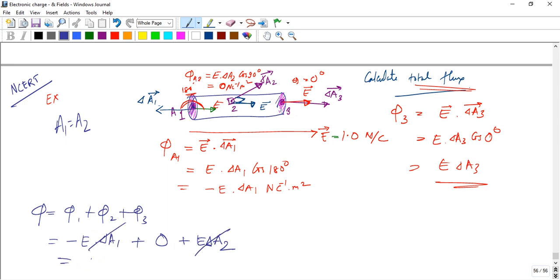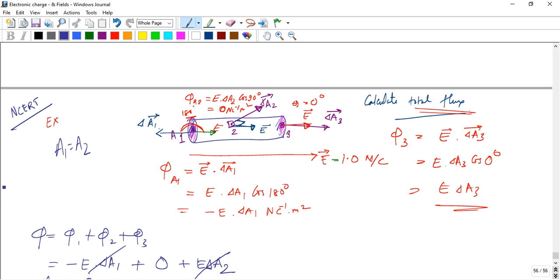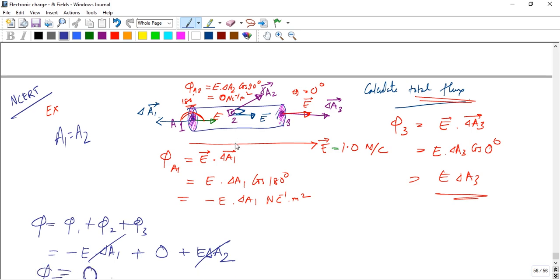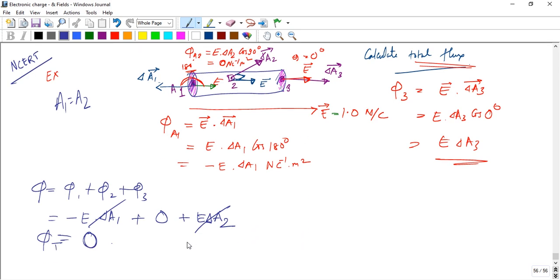The total flux is 0. Total flux 0 signifies that this closed surface does not bound any charge. A net flux of 0 means the net charge enclosed by the surface is 0.